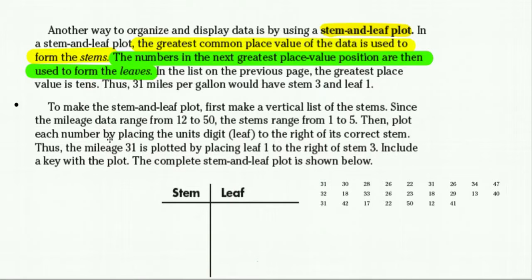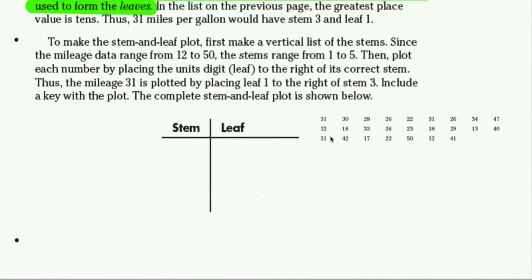Then plot each number by placing the units digit, or the leaf, to the right of its correct stem. If you look at it carefully, this now becomes our stems, 1, 2, 3, 4, 5.